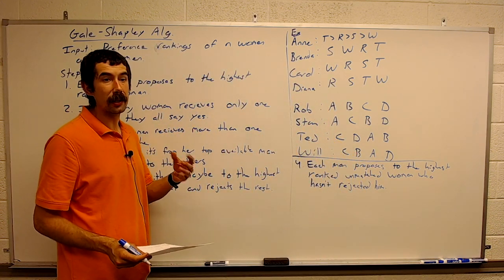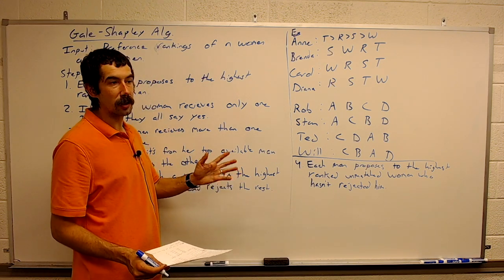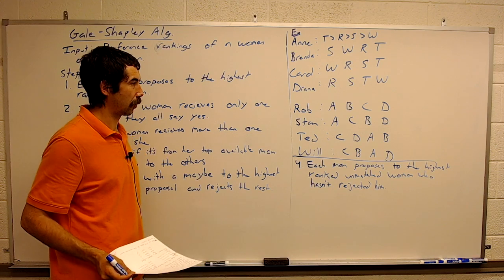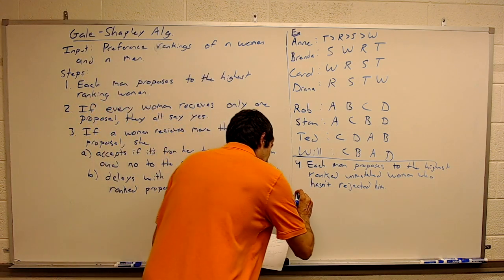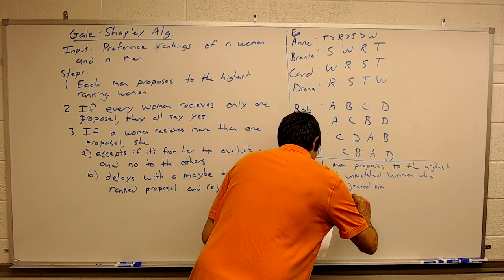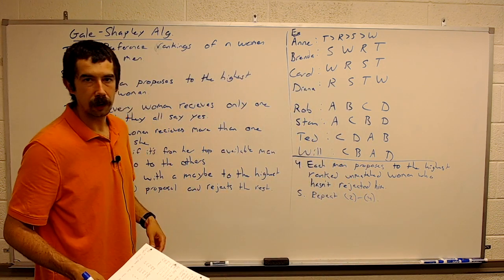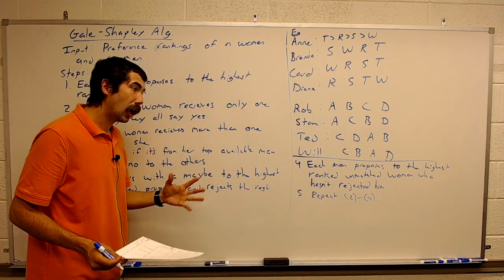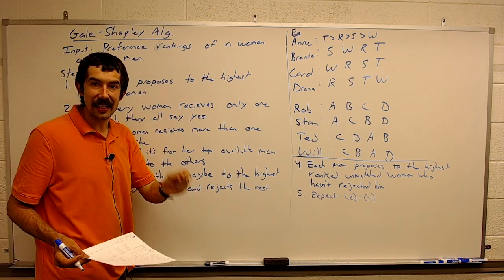Okay, so if one of these men gets rejected, they're not going to keep proposing to that woman. They're going to move on to the next person. And then the final step is repeat 2 through 4. Okay, and what's awesome about this algorithm is that the output is a stable marriage.